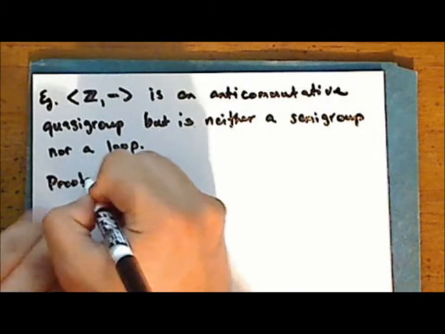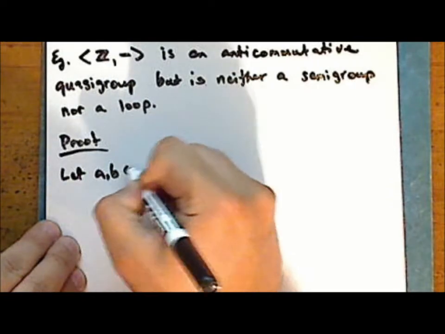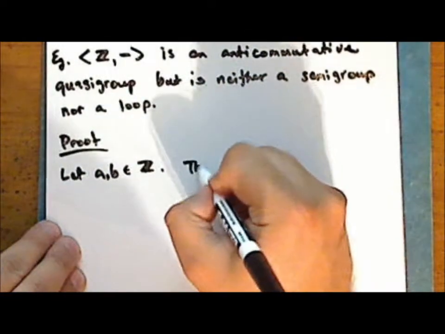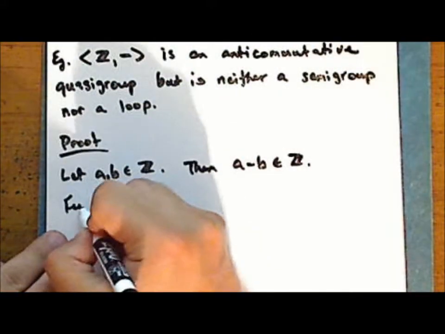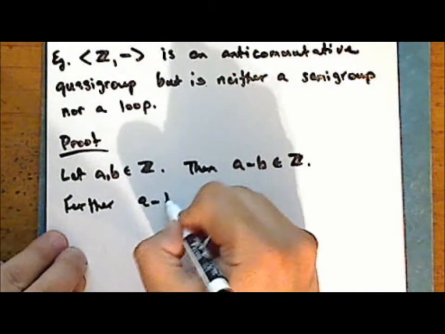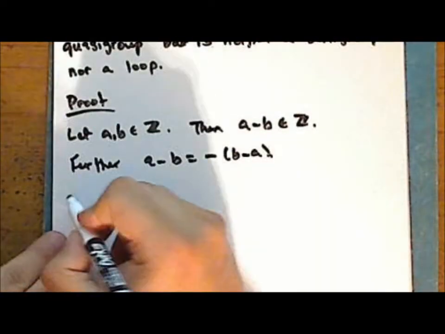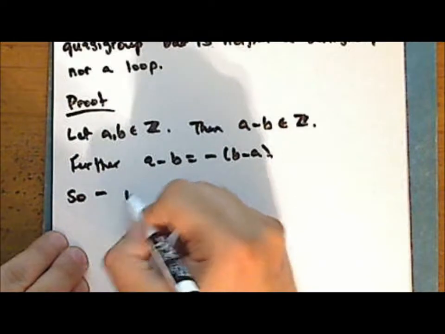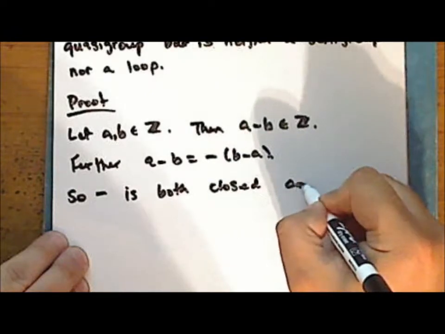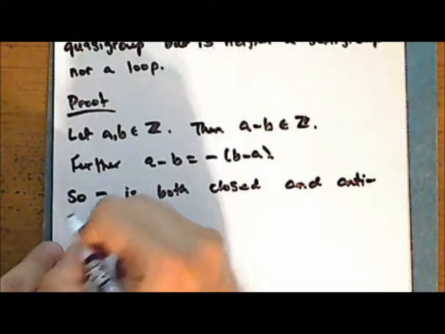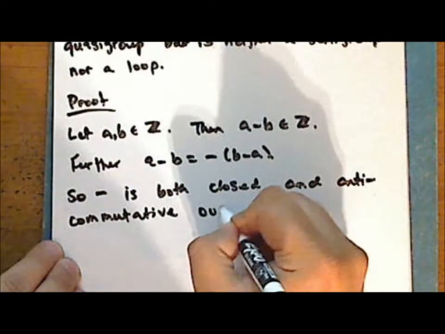So proof. Let A and B be two integers. Then the difference, A minus B, is an integer. Further, A minus B is the negative of B minus A. So the operation of subtraction is both closed and anti-commutative over the integers.